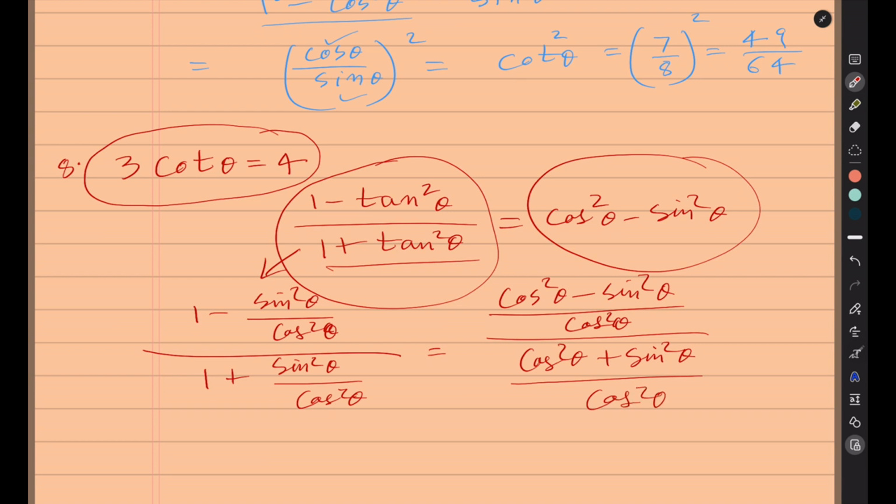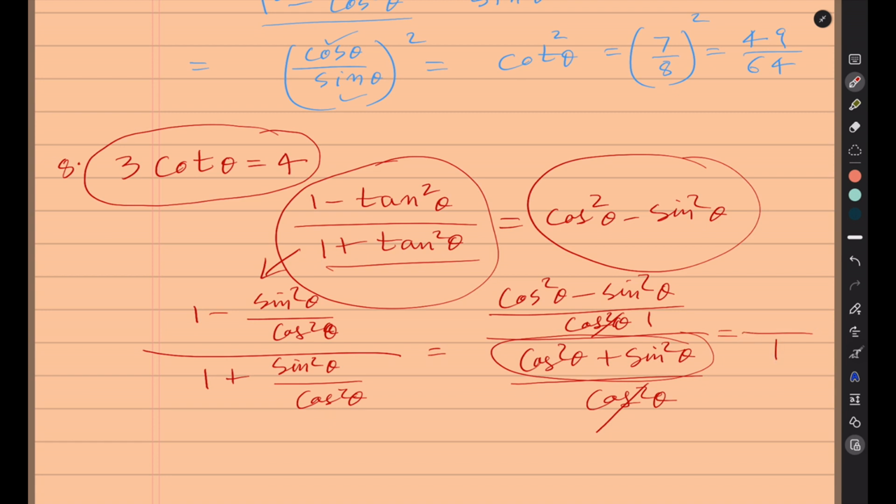Have you followed it? Is it clear to you how I have done these steps? If not, maybe just think a little bit, or you can also put that into the comments if you want further explanations. But what is this cos square theta plus sine square theta? It's 1.